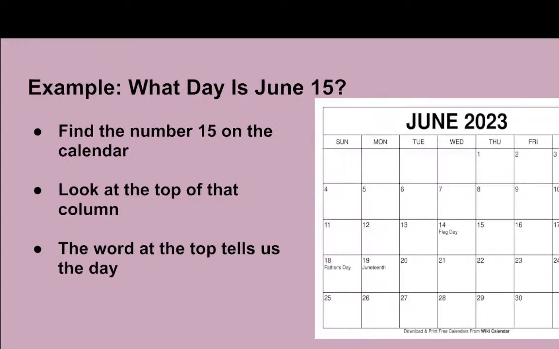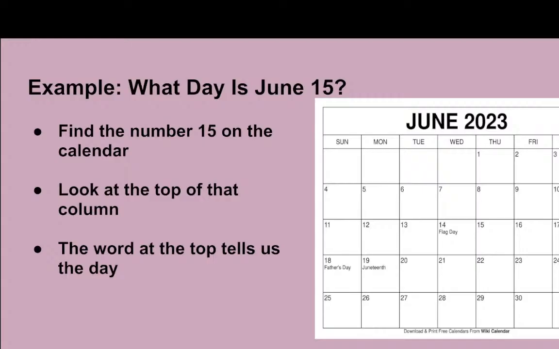So what day is June 15th? Here I have a calendar on the right side of the screen, and it's basically an example of what we're about to do. Look at the calendar and find the number 15. It's next to Flag Day.